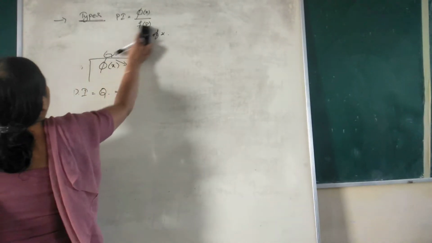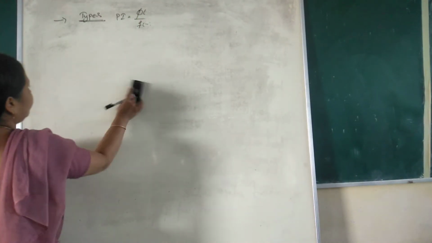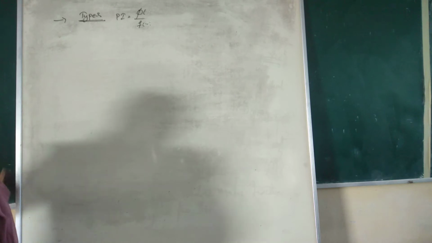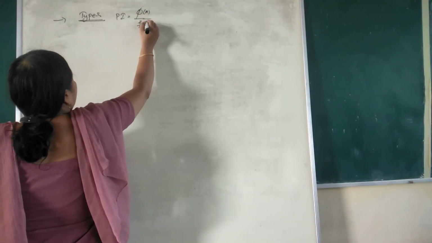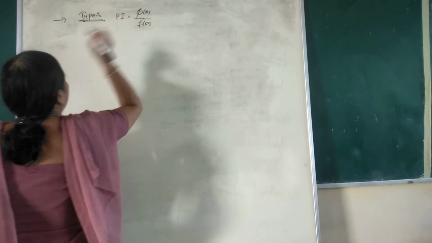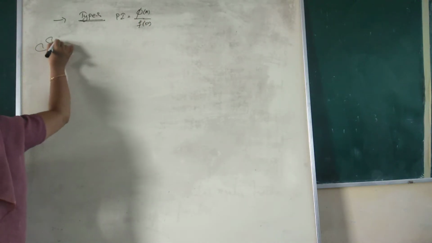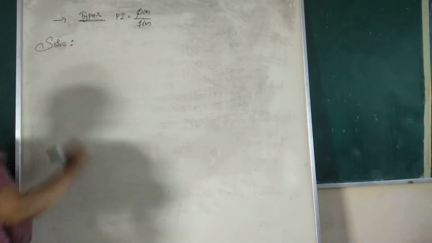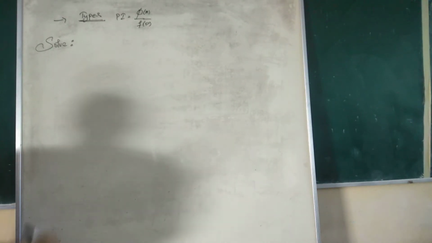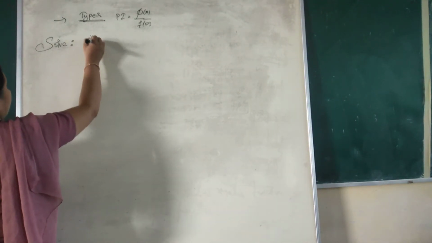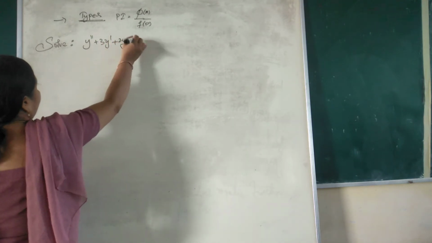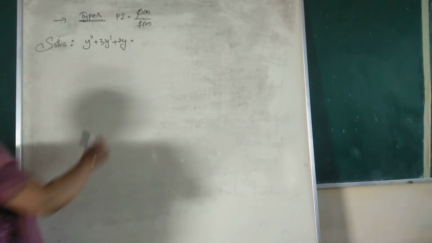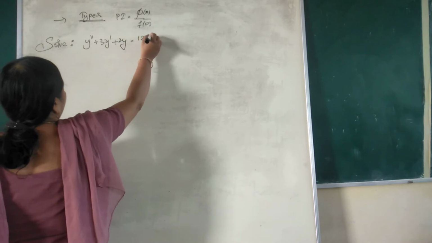Now the question says, solve y double dash plus 3y dash plus 2y is equal to 12x square.